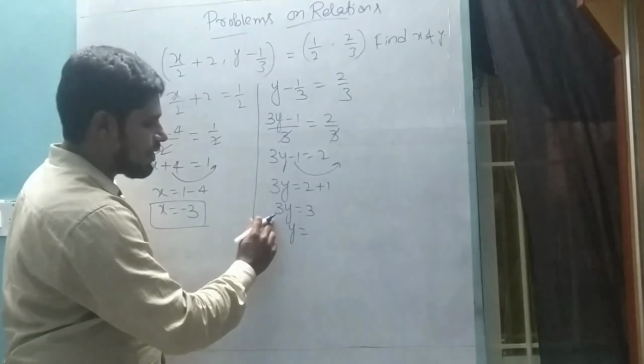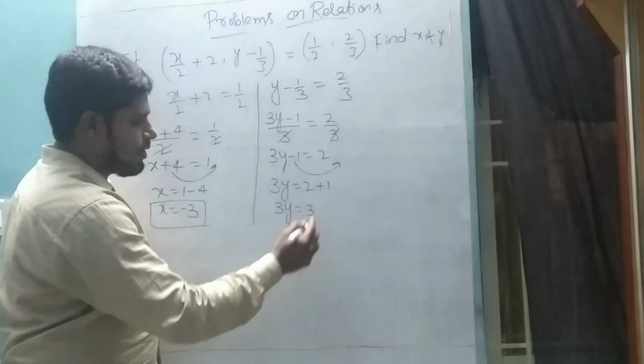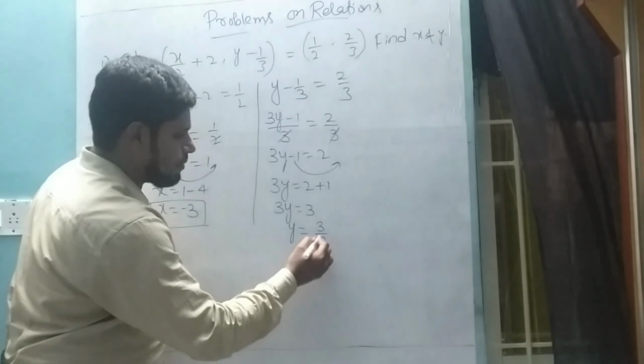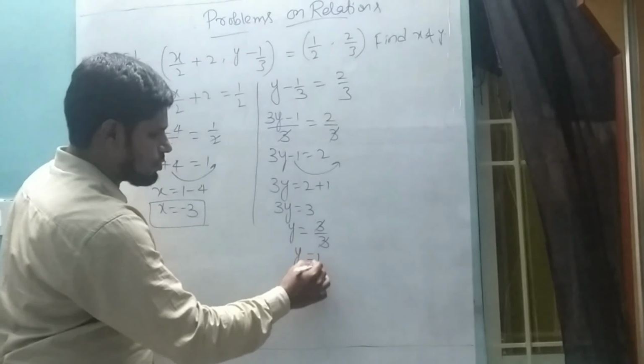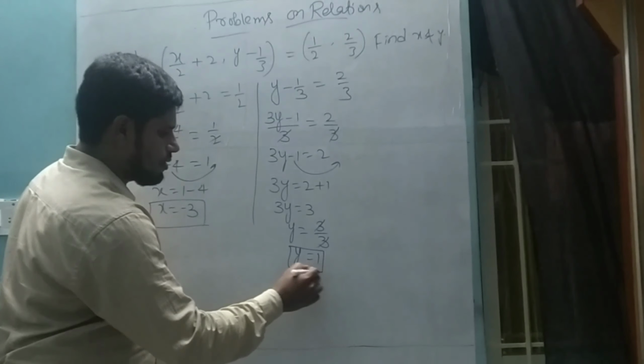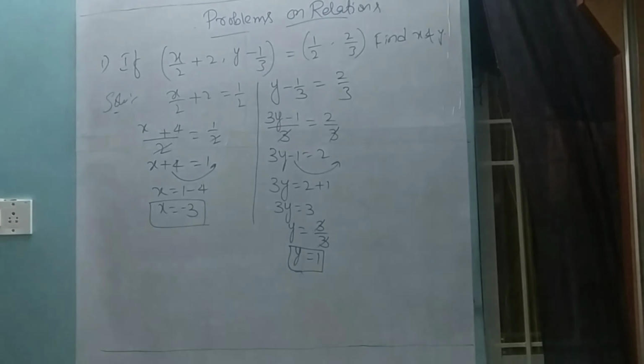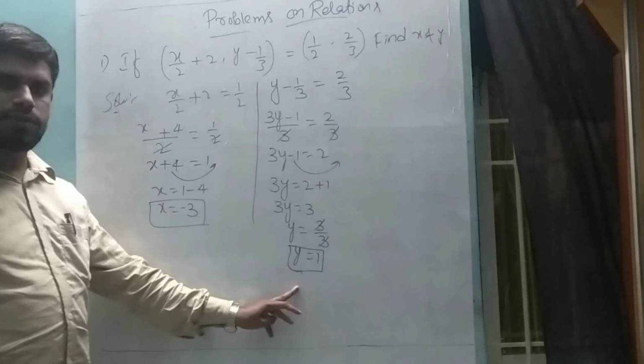The best method is to divide by 3 on both sides. Then it becomes 3/3, both get cancelled, so y = 1. So this is the value of x and y.